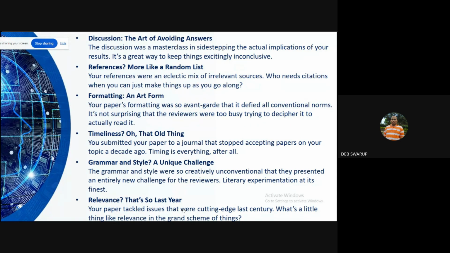Then formatting. Formatting is also a very important part of research paper writing. The paper is often not written in proper format. You need to stick to the timelines, you need to stick to the grammar and style, and the paper needs to be relevant.